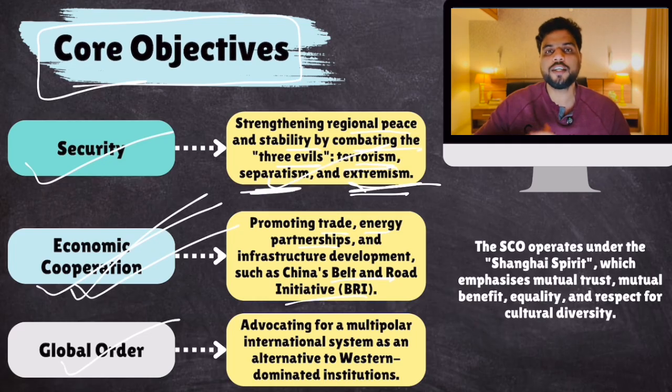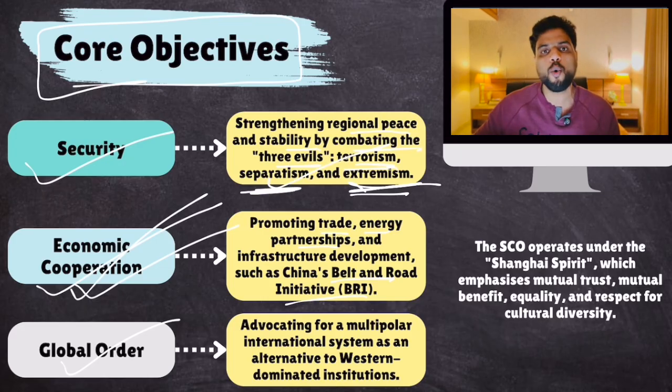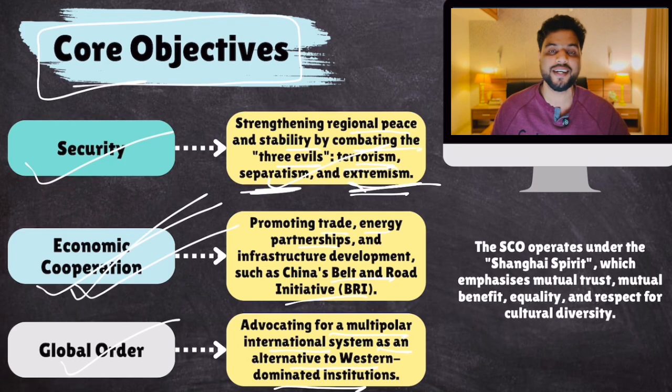Plus an alternative to global order. You know, the biggest criticism against UN, World Bank, IMF is that it is dominated by top Western countries. It has a Western outlook. Eastern countries do not have their own alternative world order. So SCO seeks to establish that. Okay, advocating for a multipolar international system as an alternative to Western dominated institutions.